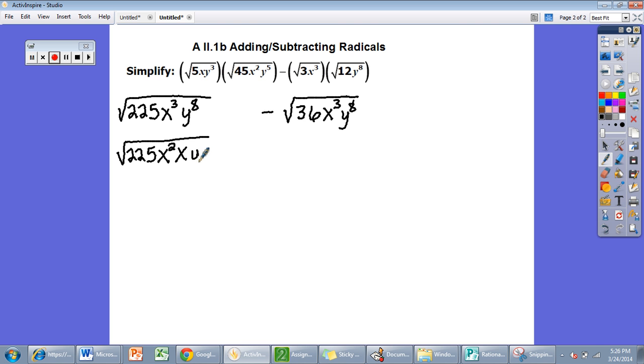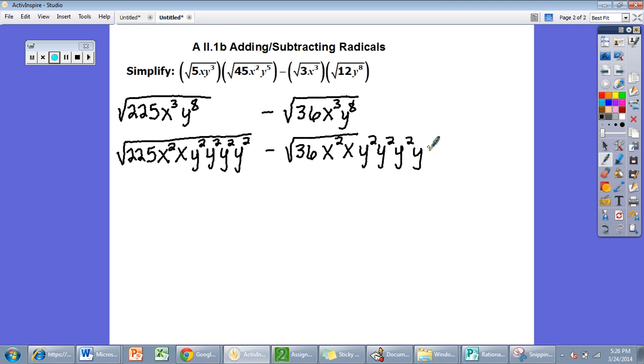Y to the 8th, y squared, 4 times would give me my y to the 8th. Okay, 36 is also a perfect square. X squared times x would give me my x cubed. And then y squared, y squared, y squared, y squared would give me my y to the 8th.